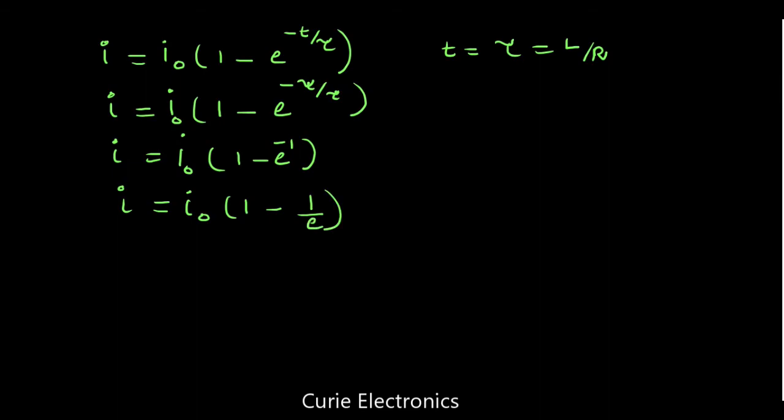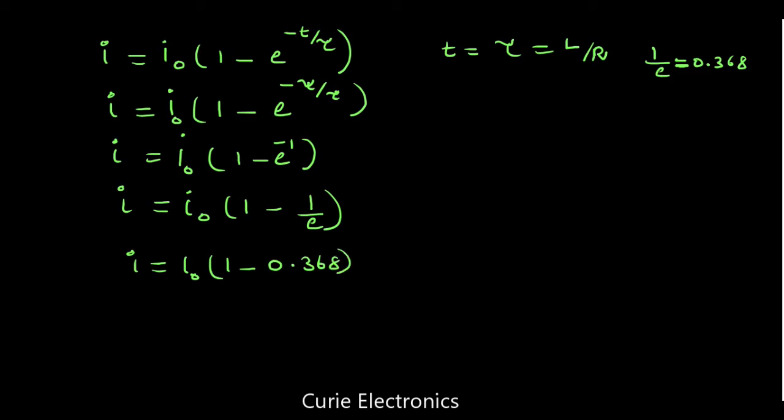What is 1 upon e value? 1 upon e equals 0.368. That is the value. I hope all of you know it. So I naught multiplied by 1 minus 0.368. What do we get?